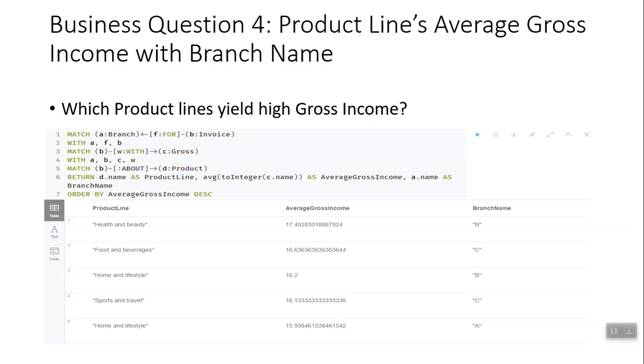Now we want to dig a little bit deeper and see a detailed level by product line, also including the branch, for average gross income. Executing this query involved multiple relationships across various nodes and converting to integers for some of these nodes as well. I was able to see that health and beauty out of branch B on average grossed the highest income.